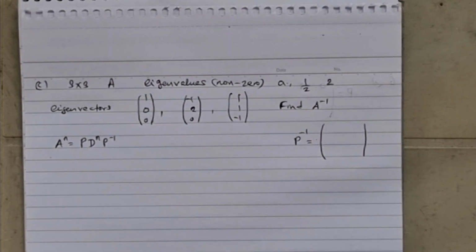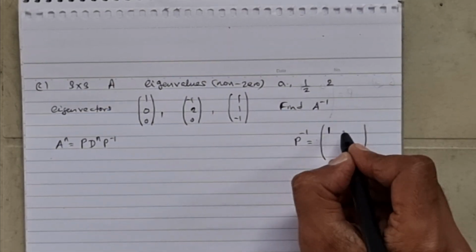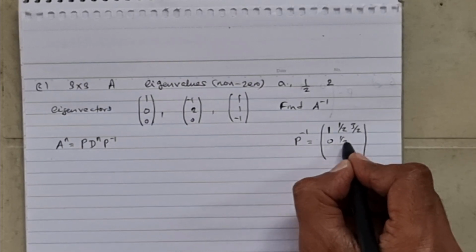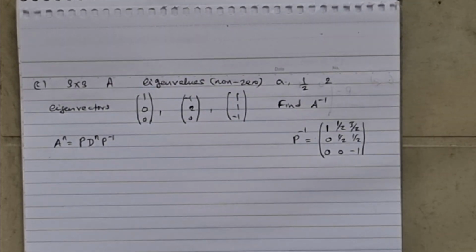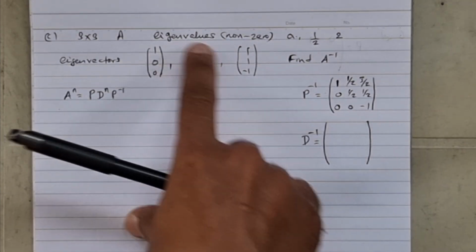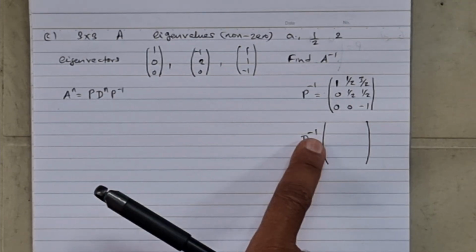So the P inverse was actually 1, half, 3 over 2, 0, half, half, and then 0, 0, negative 1. Now, the diagonal matrix is the matrix of the eigenvalues, and those are a, half, and 2. But we're looking for D to the power of negative 1.